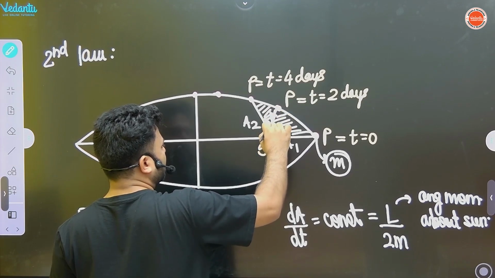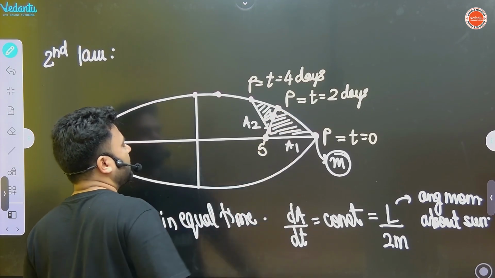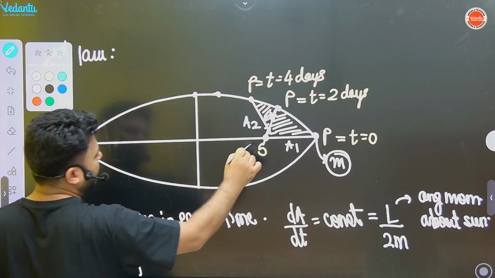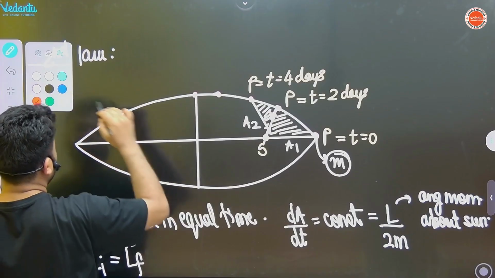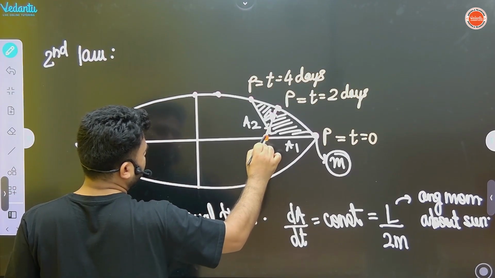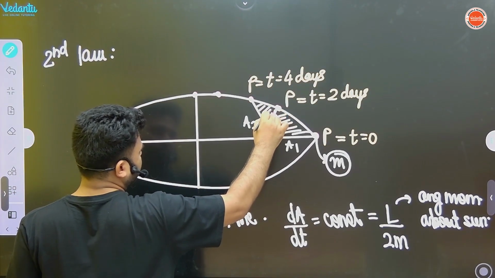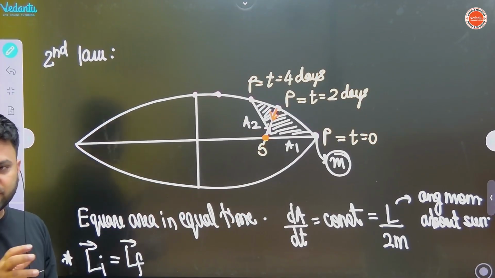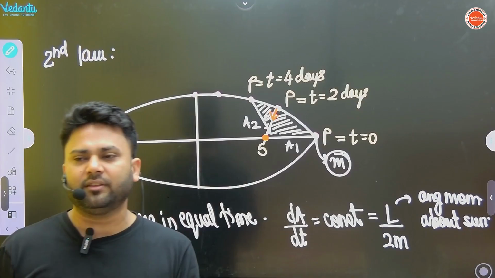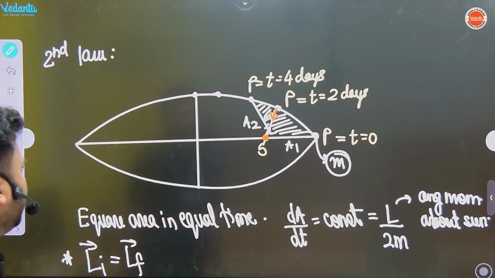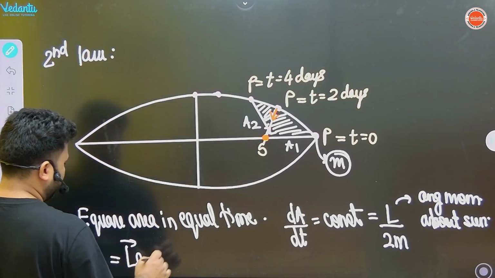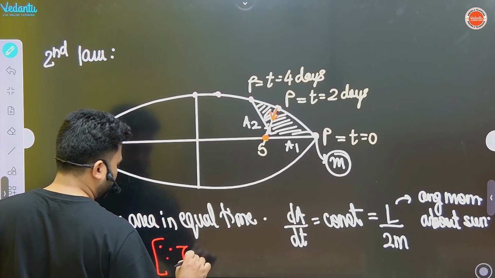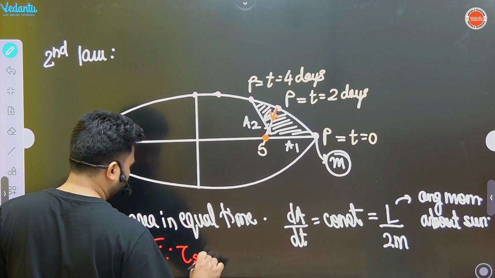So if I ask what is the torque about the sun, there will be no torque, because the force acting on this planet passes through the sun. If the force passes through the center of rotation, there is no torque. Since there is no torque, angular momentum will be conserved. Torque about the sun is 0.